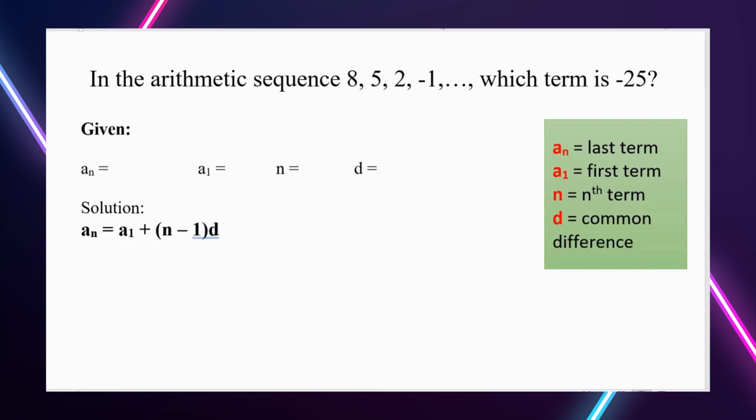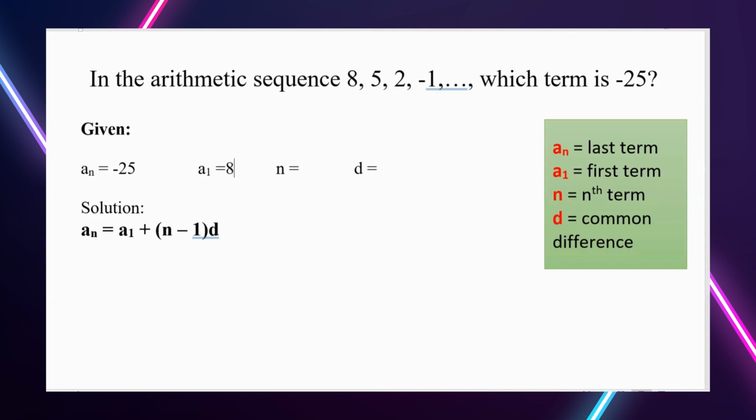Let us identify the given sa ating problem. A sub n is our last term, which is ang last term natin based sa given natin ay negative 25. Our first term of the sequence 8, 5, 2, negative 1, 8 is our first term.